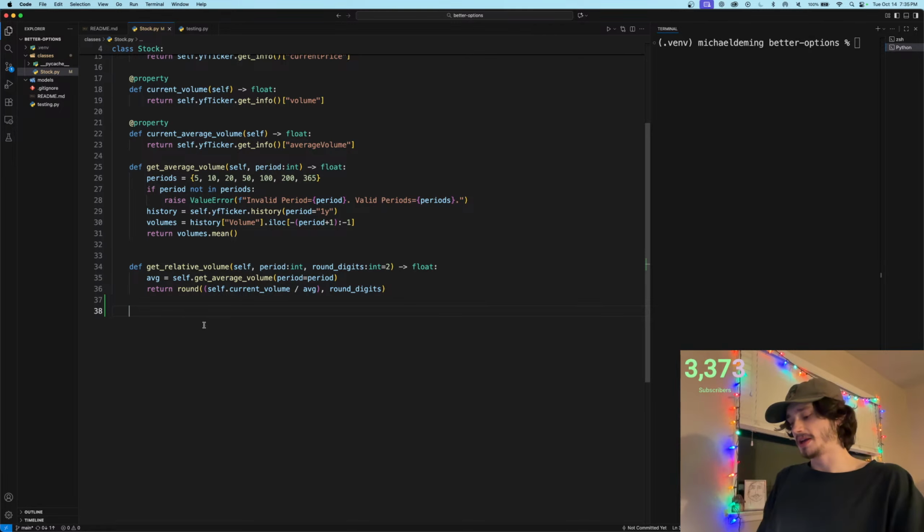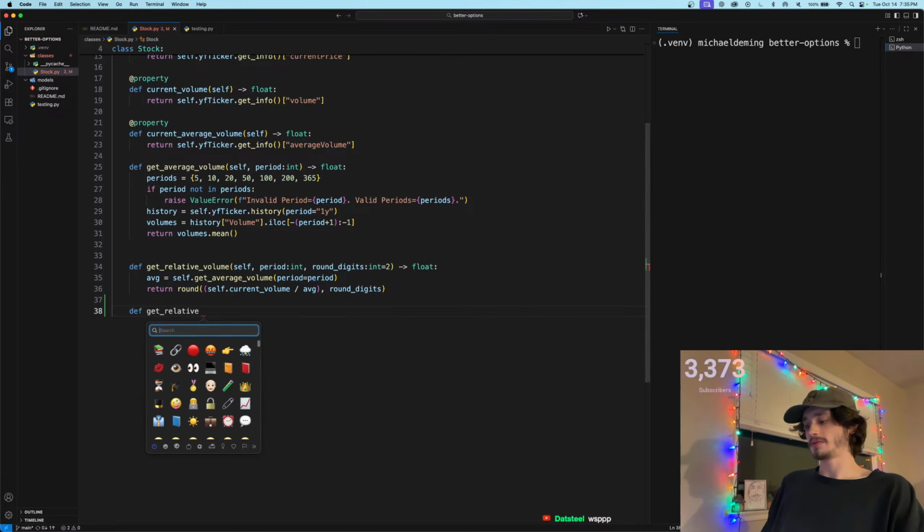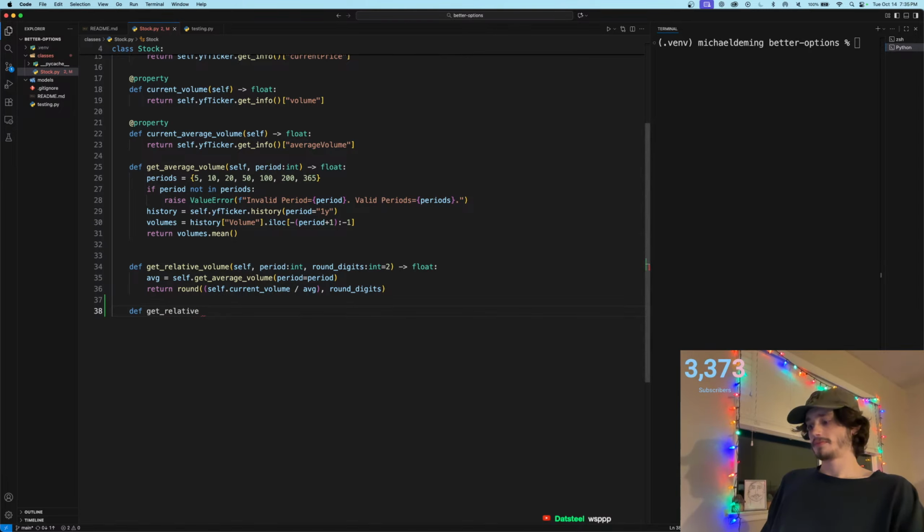So we're gonna say get relative volumes given self, and then the period, which will be an integer, and then around int, which is going to be equal to 2 up front.